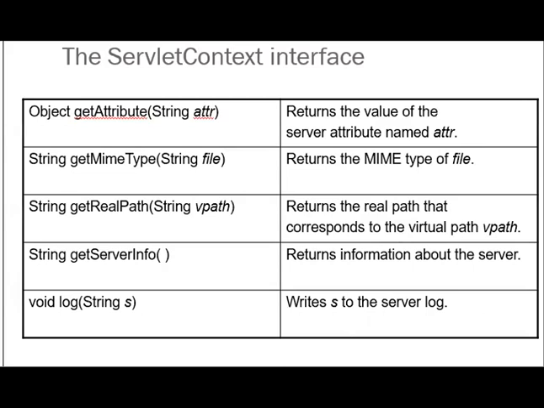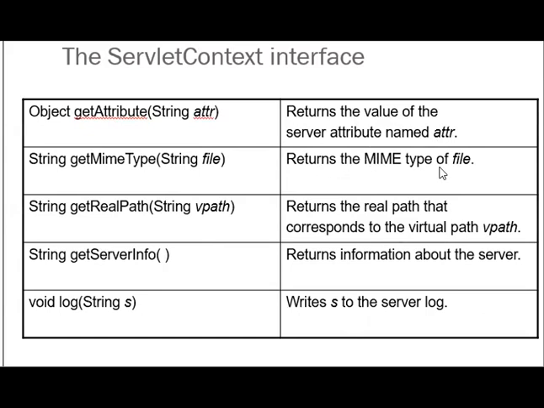This is the ServletContext interface. In the context interface, we have getAttribute, which returns the value of the server attribute, so server attributes can be read over here. getMimeType returns the MIME type.